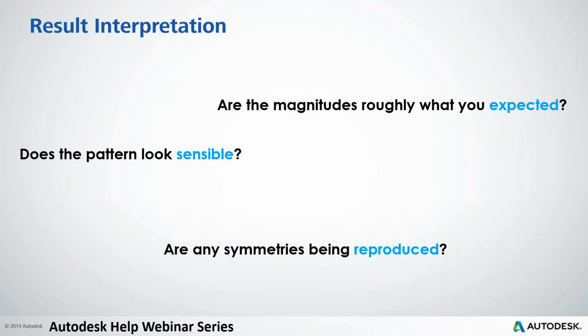Mainly, are the magnitudes roughly what you expected from it? And then also, does the pattern look sensible? Given the geometry, should it be warping like that? Are the ribs or thickness changes, or maybe the flow pattern, making sense with the way that the part is deflecting there? And then also, are any symmetries being reproduced?